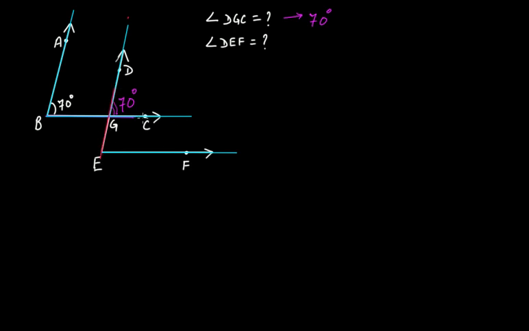Two parallel lines, transversal line. So angle 70 degree is actually a pair of corresponding angles to this one. Since this is transversal and these two are parallel, 70 degree and this angle will be a pair of corresponding angles. Therefore, angle DEF will also be equal to 70 degree because pairs of corresponding angles, in the case of a transversal to parallel lines, are equal. So this will also be 70 degree.